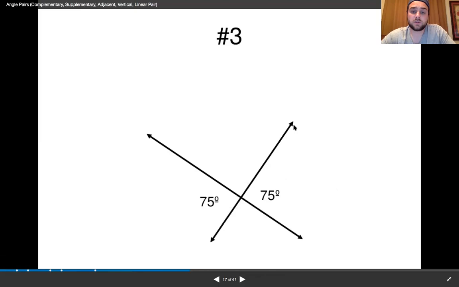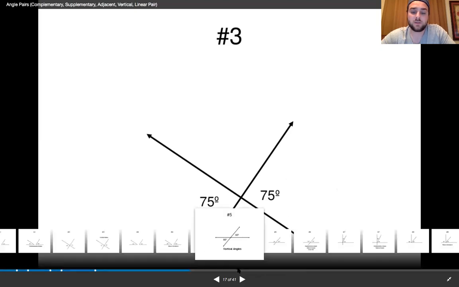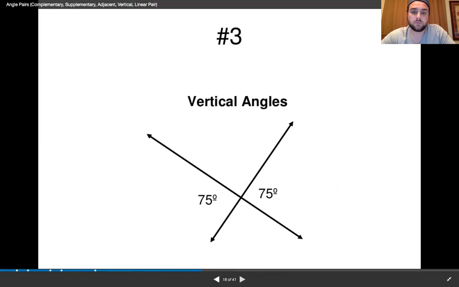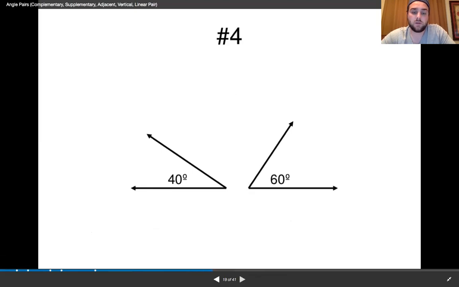This is the one that we were talking about. We have equal on the opposite side, like an X crossing over. This would be an example of vertical angles. Once again, let's look here. We have 60 plus 40. Let's add that up: 60, 70, 80, 90, 100. Right away, I'm noticing this doesn't add up to 90 degrees.